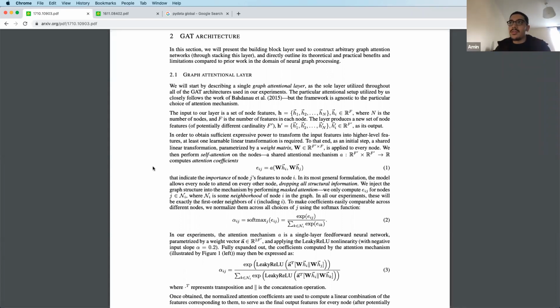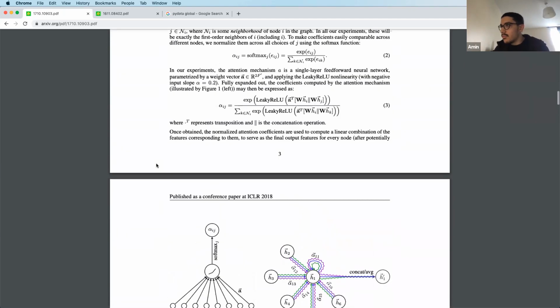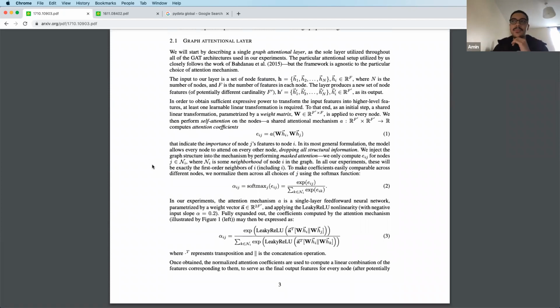Another property is localization. At each layer, we would like the node to learn about its neighboring nodes only, and to be localized in this way, in the same way that a pixel sees its neighboring pixels only inside the kernel.